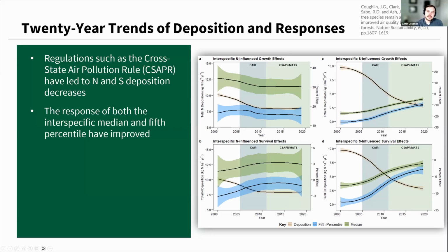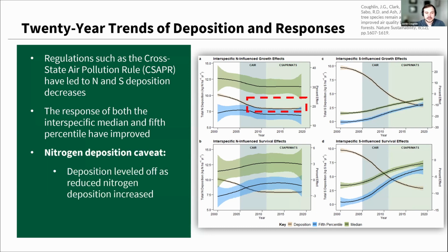And we're seeing that these regulations are doing what they're supposed to be doing, and we're seeing shifts towards more positive growth through time as this deposition has come down. Once again, the nitrogen deposition caveat: because we don't regulate reduced nitrogen, we've seen a flatlining in the mid 2000s that hasn't quite been addressed at this point.